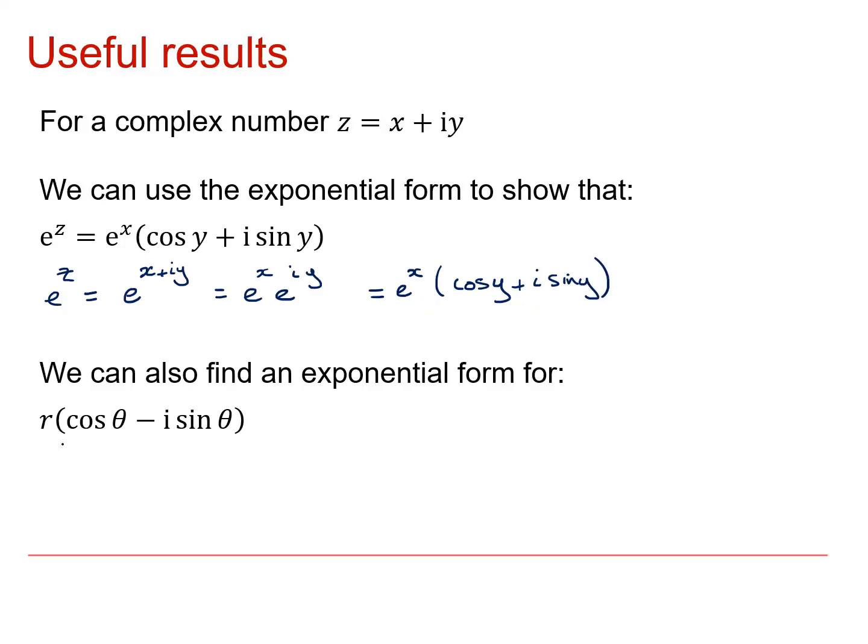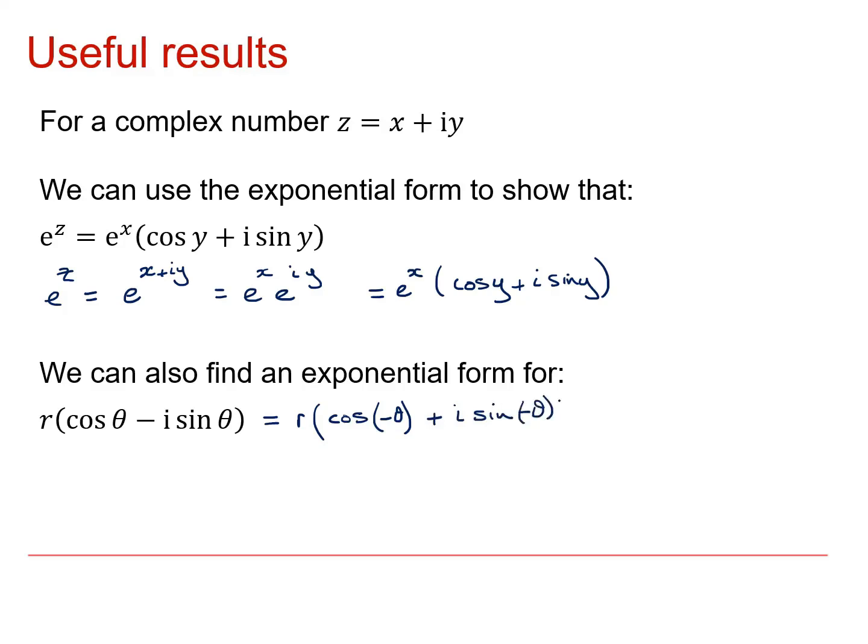We can also find an exponential form for this thing here. If we rewrite it in terms of minus theta, so cos of minus theta, remember cos is even, so cos theta is the same as cos of minus theta, and then plus i sine of minus theta.